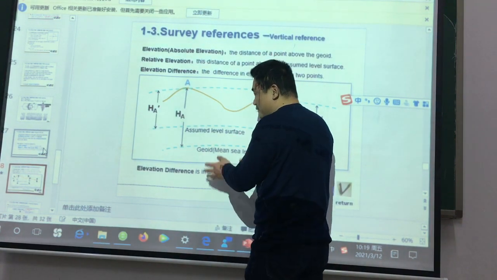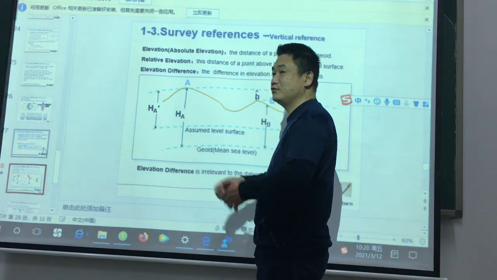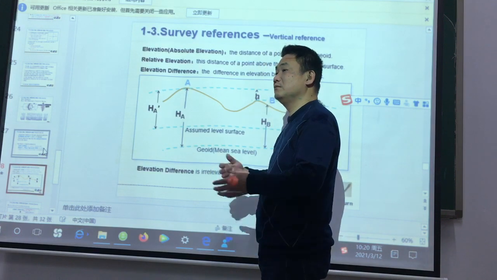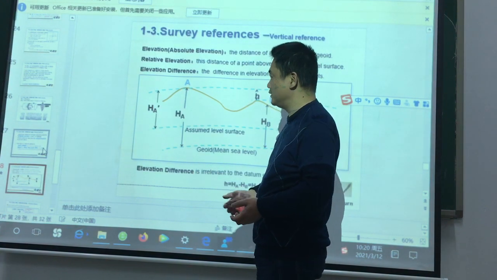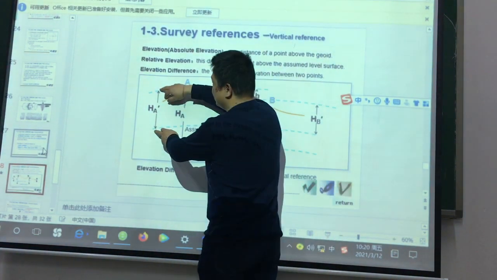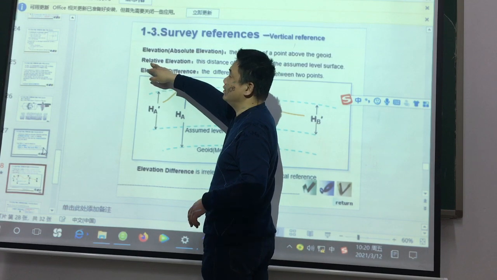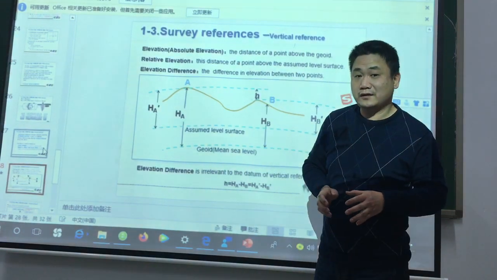But if the standard surface is just a surface you choose yourself for some certain engineering purpose, it's just an assumed level surface. That means this distance is called relative elevation. I think this concept is easy, yeah?